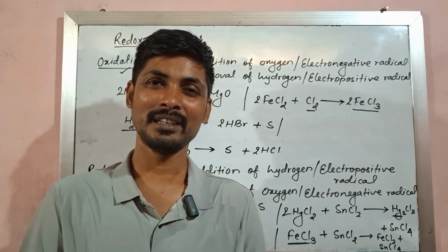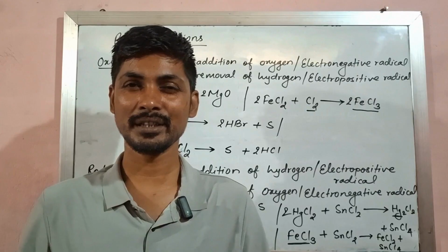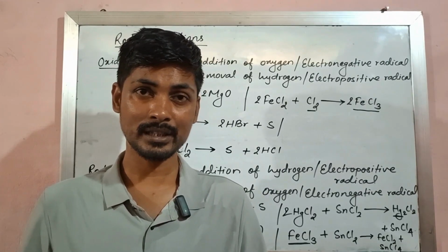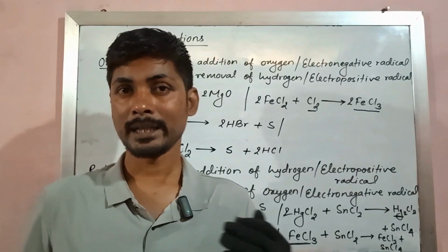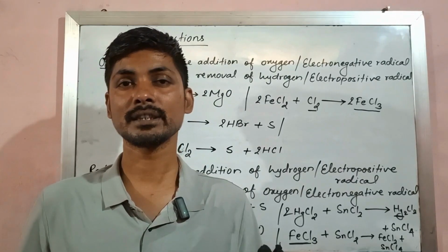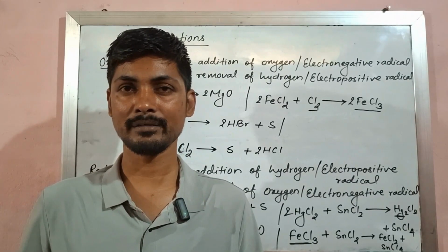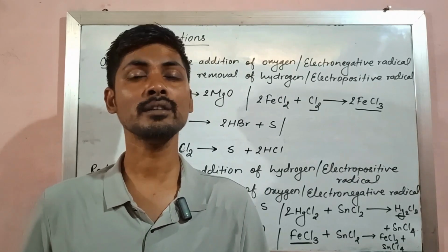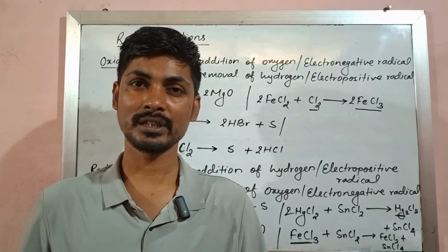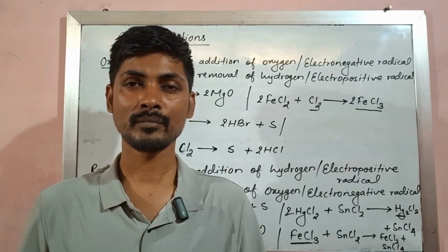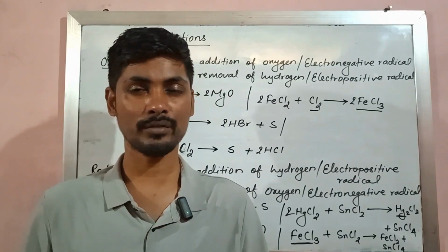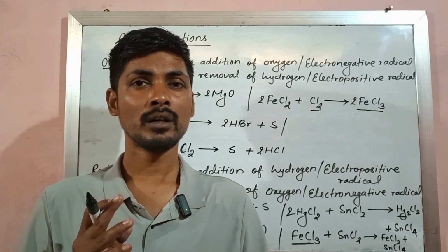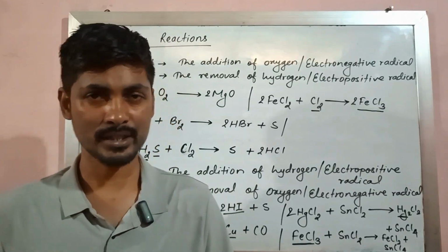So in this way, we have to understand the concepts of oxidation and reduction in terms of addition of oxygen or electronegative radical, or addition of hydrogen or electropositive radical, or the reverse of that. So this is about oxidation and reduction.